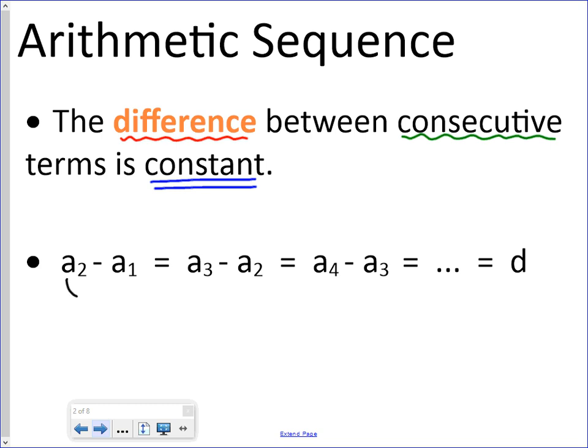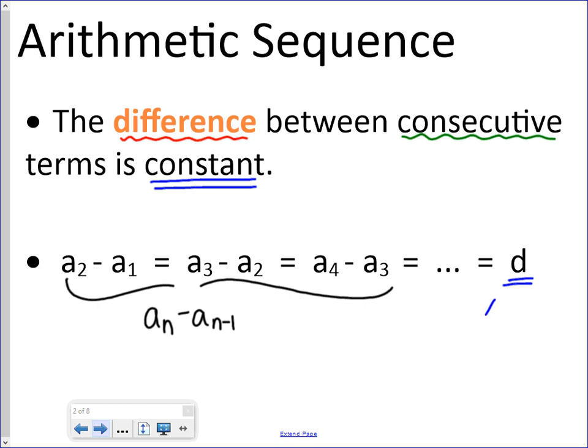So in subscript notation, we could really write this piece right here as a sub n, the nth term, minus a sub n minus 1, the term that came before it. And those things are always equal to d. So they're all equal to the same thing.